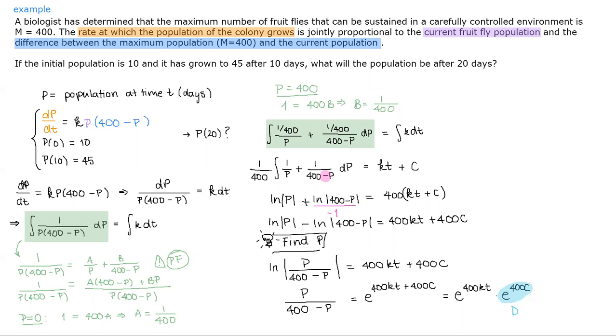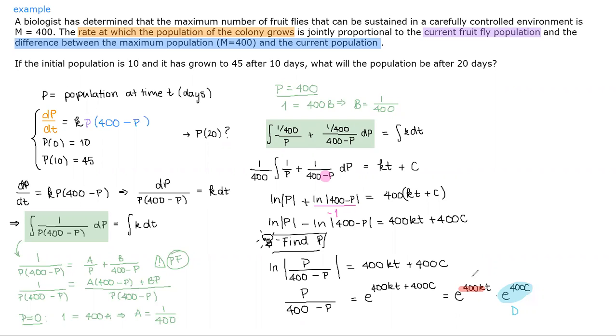And I'm going to do the same exact thing with 400 times k. Well, I'm trying to find the value of k, but if I just label 400k as something else, then I am going to find something that I'm going to be able to use regardless.